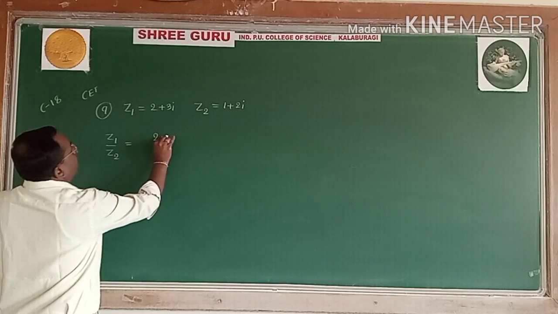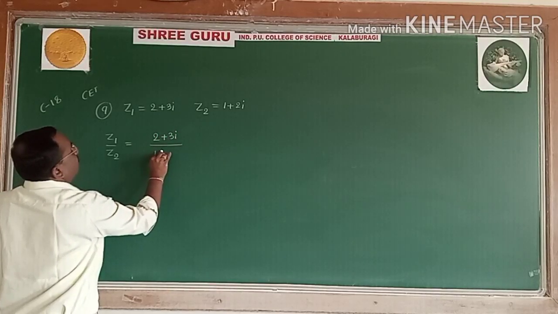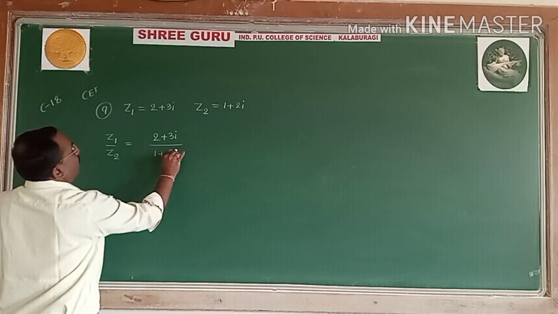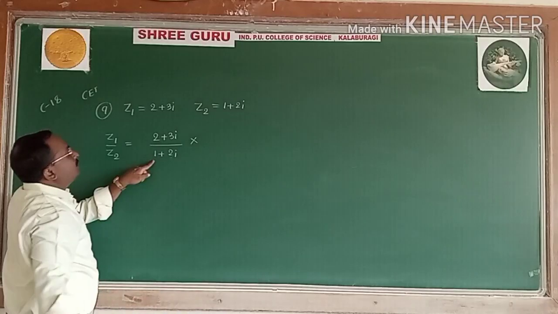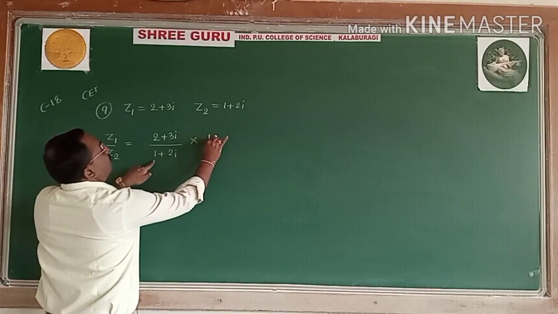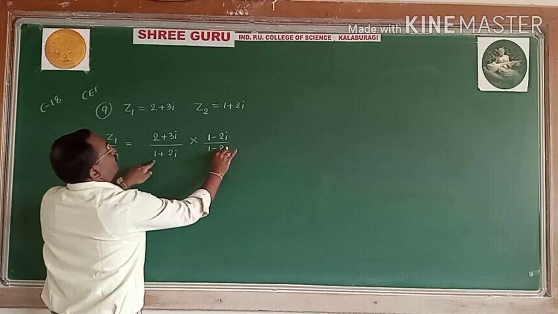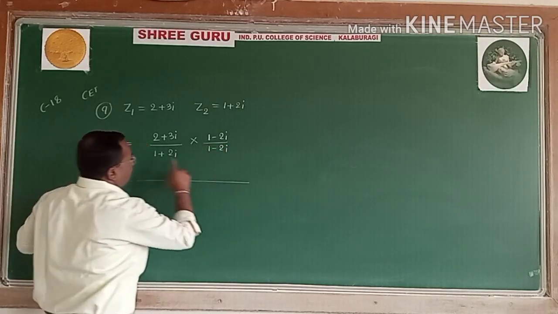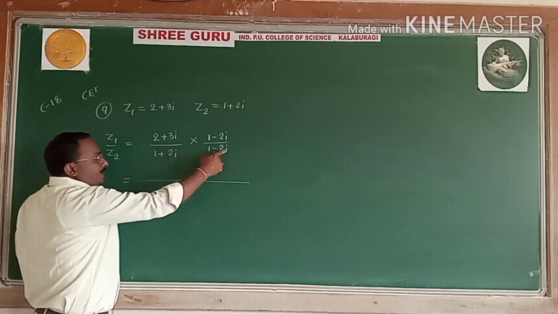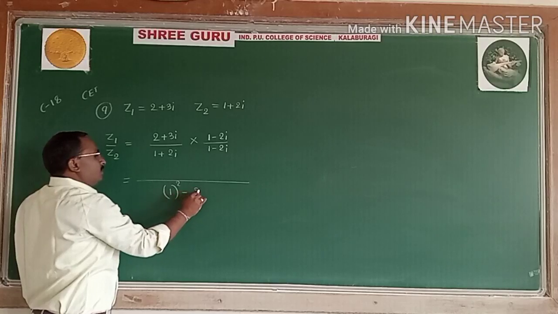2 plus 3i over 1 plus 2i. Division of complex numbers: rationalize this by multiplying by 1 minus 2i over 1 minus 2i. Denominator: a plus b, a minus b, a square minus b square.